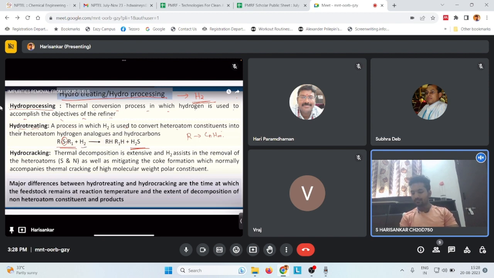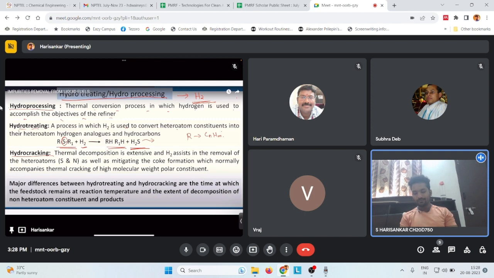And this hydrogen then goes on and substitutes the part where sulfur was present in the hydrocarbon. So now we get a clean fuel along with hydrogen sulfide. And this hydrogen sulfide can be separated and scrubbed out from the oil. So in this way, in hydrotreating, we can improve the quality of the oil by removing the sulfur in the form of hydrogen sulfide.